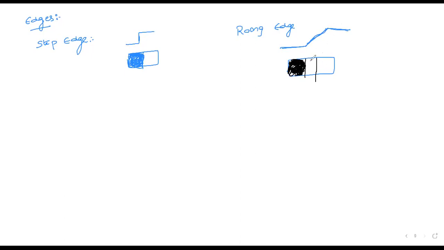This is 1, so pure white. And here I am using gray color. Mostly we use gray color. This is black, this is white. This is one more edge, the ramp edge.